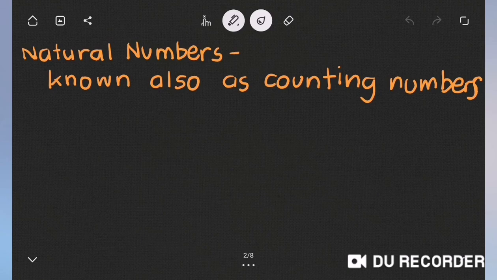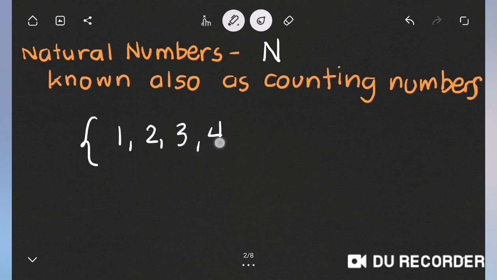So unahin natin ang natural numbers. Natural numbers, also known as counting numbers. Usually this is denoted by capital letter N, and some of the elements of natural numbers are 1, 2, 3, 4, 5, and so on.